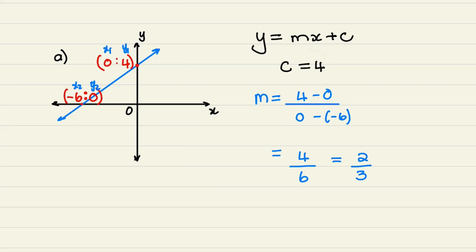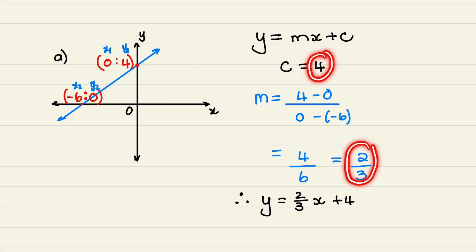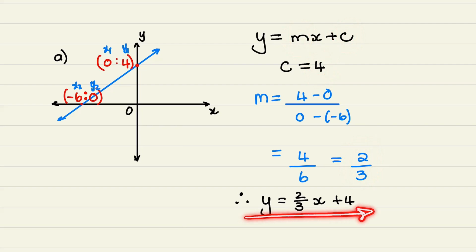So now we have the gradient as 2/3 and the y-intercept equal to 4. And if I substitute those two values of 4 and 2/3 into the standard equation, I have the final equation of the line, which is y equals 2/3 x plus 4.